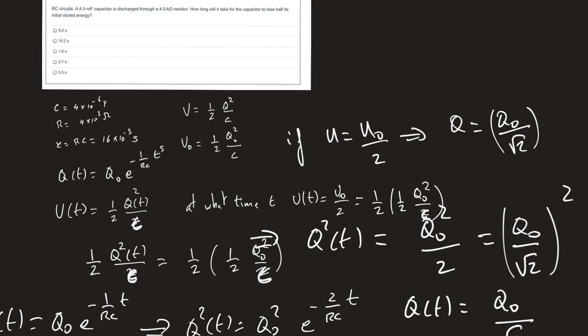If you plug in Q equal Q0 divided by square root of 2, you will find that U is 1/2 of U0.